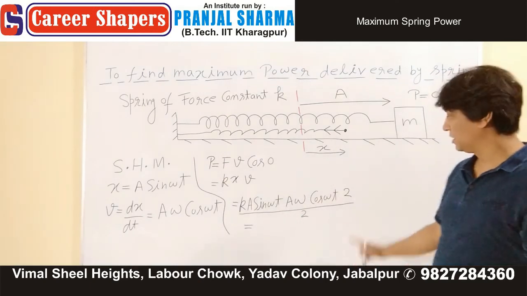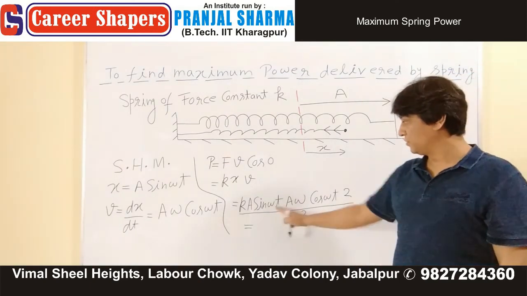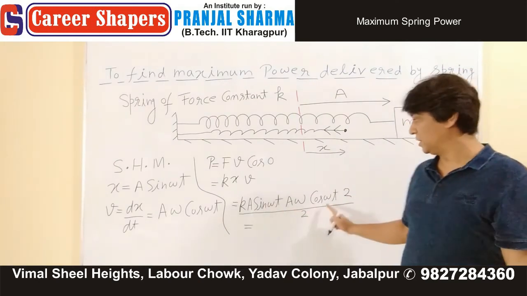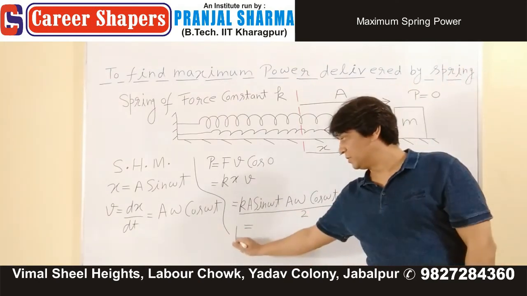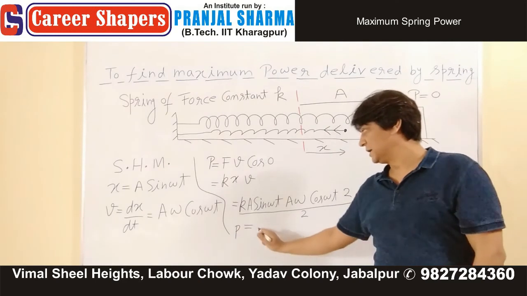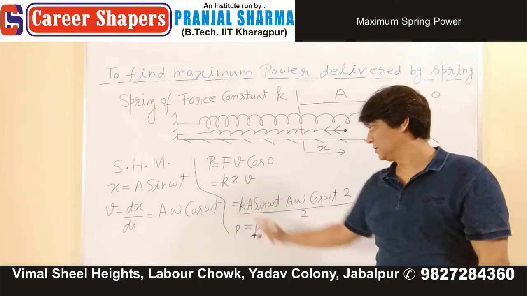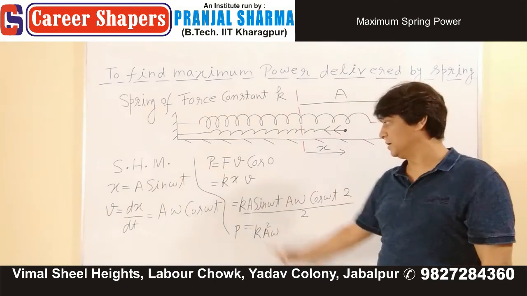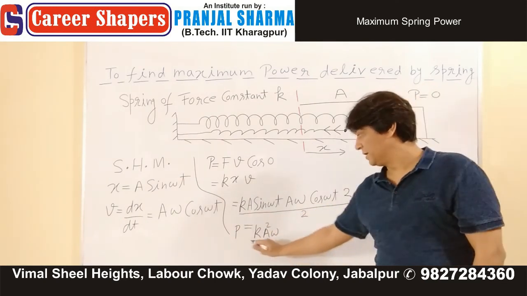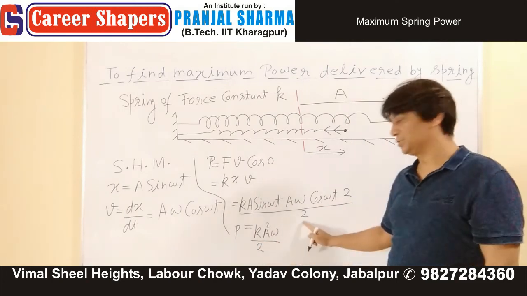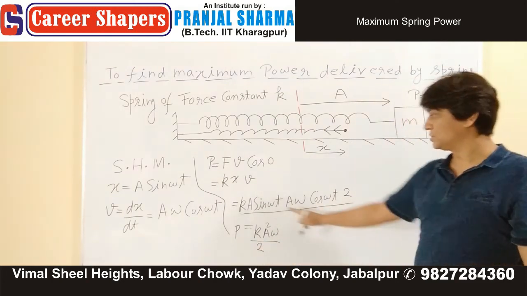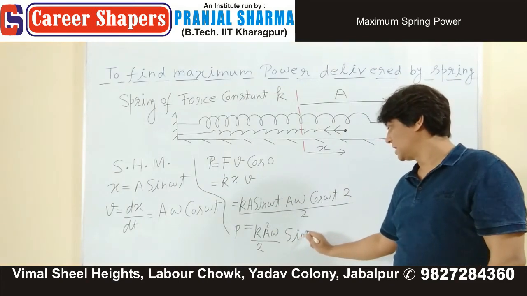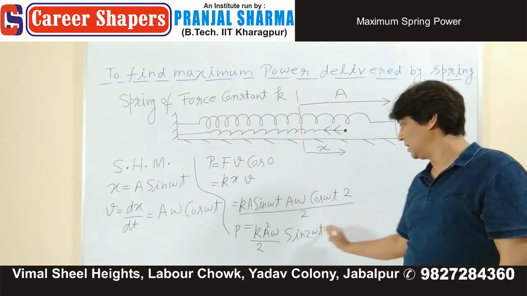What do you see? 2 sin theta cos theta. So your power is k a square omega divided by 2, and then 2 sin theta cos theta becomes what? Sin 2 omega t.